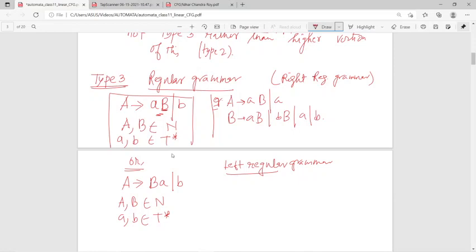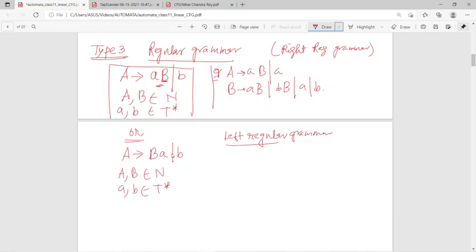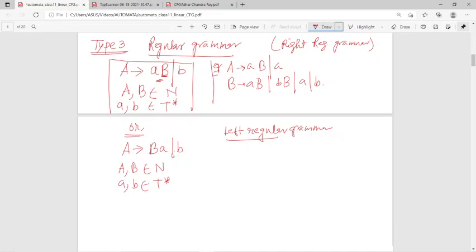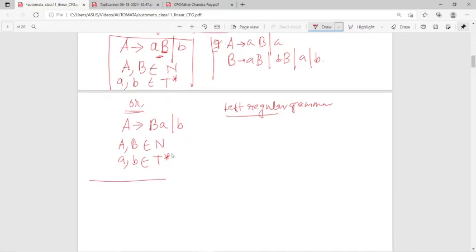But both cannot be possible together. That means it should not be both left regular grammar and right regular grammar. If the rules consist of, say, from A we are getting Ba, and from B we are getting aB, like that, then that is nothing but left regular grammar and this is right regular grammar.